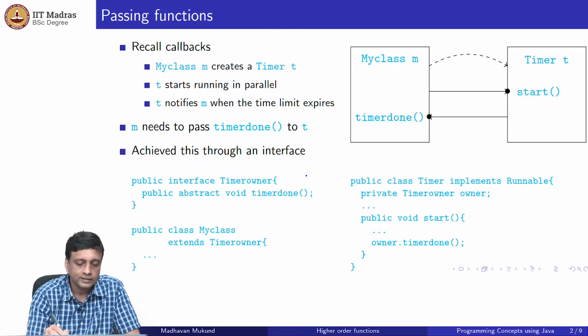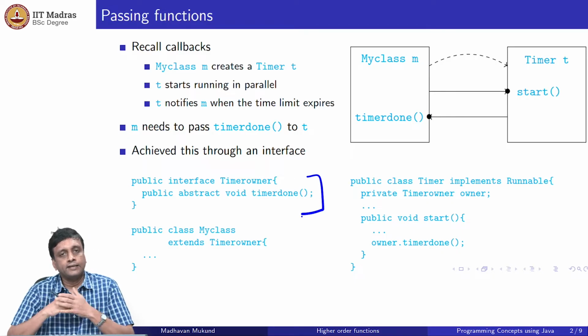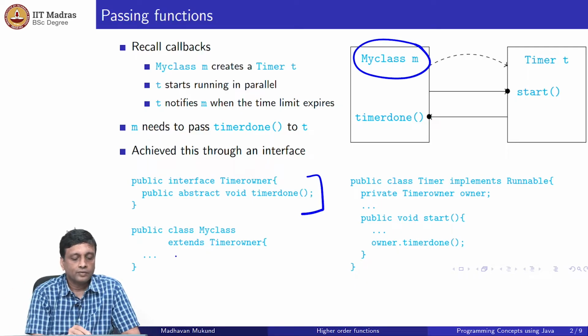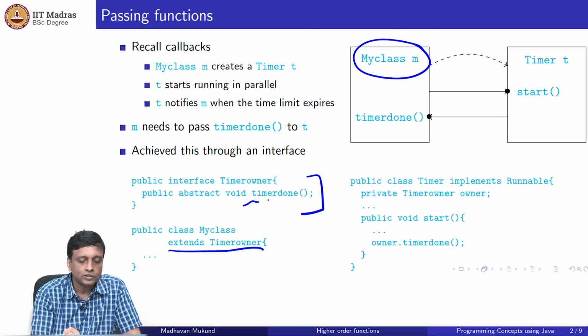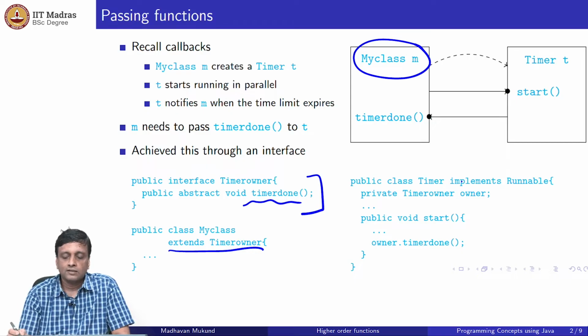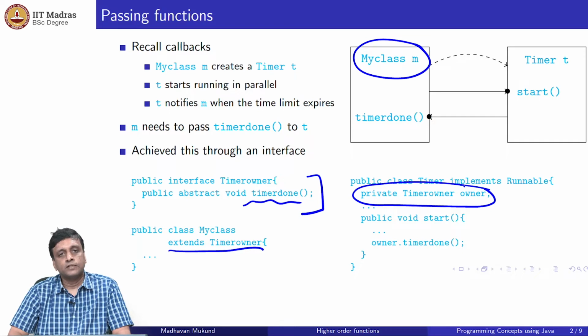So we created this interface called timer owner, and this interface guarantees that any object that implements timer owner has associated with it the function timer done. Then the class that creates this timer implements timer owner, so it will have an implementation of this timer done guaranteed. And now the timer class will store an object of this type which it receives at the time of starting.